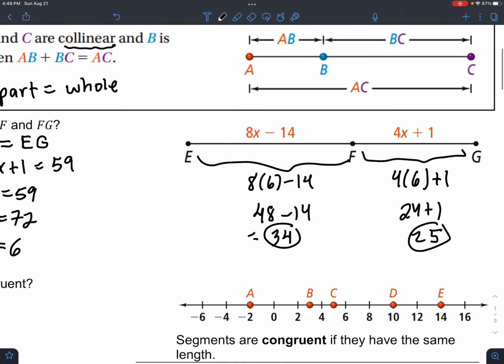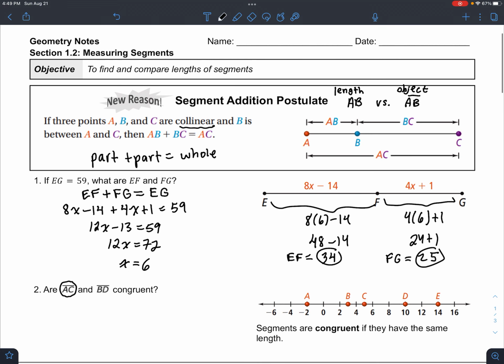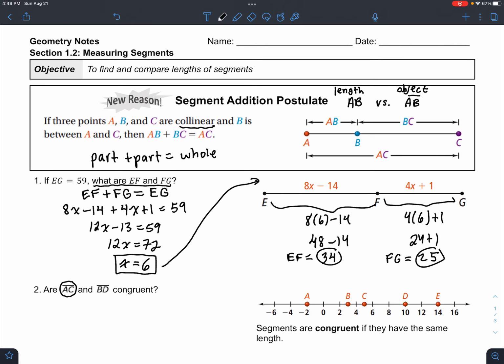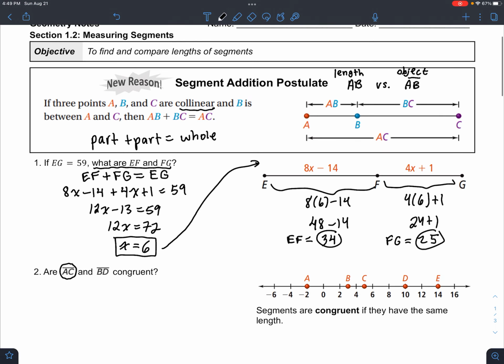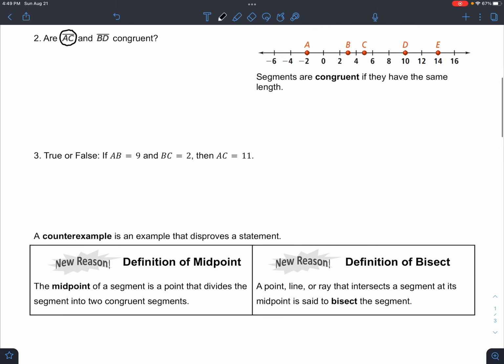So this is equal to EF, and this is equal to FG. So that finishes the problem. I think on the key I may have stopped here. But remember, we need to plug this back in so that we answer the question. Okay? All right, next one.